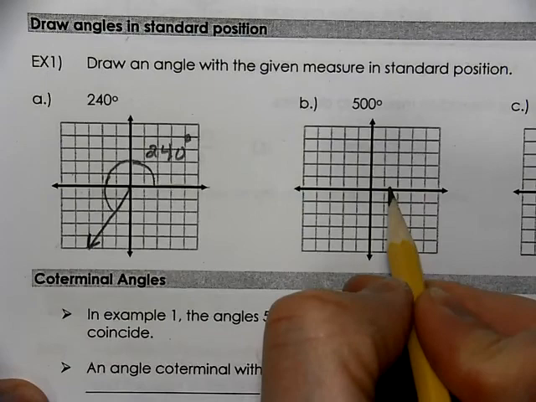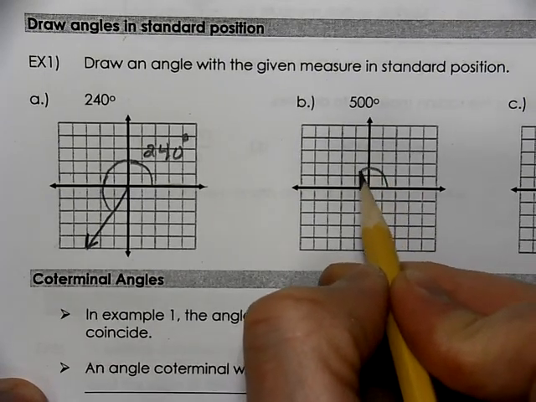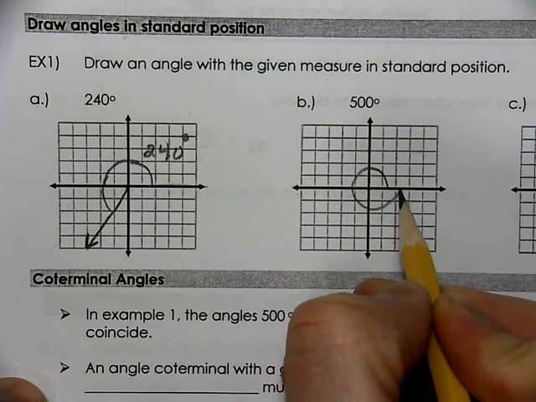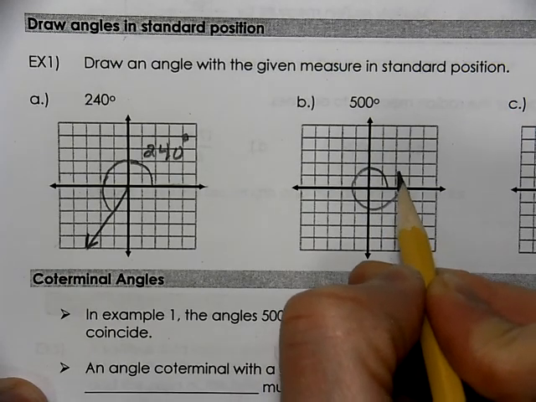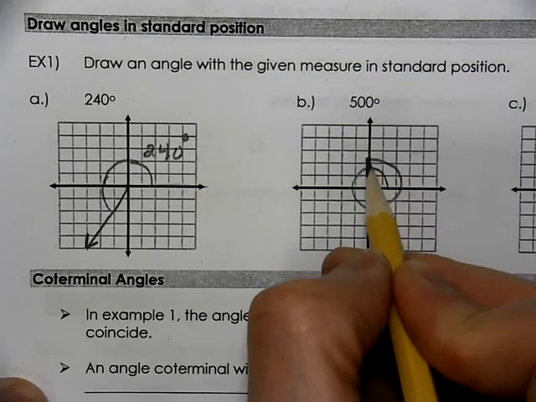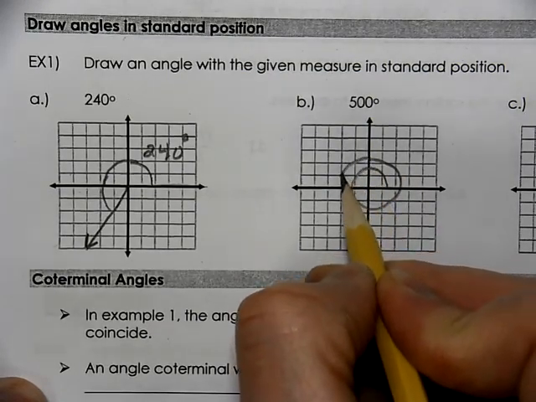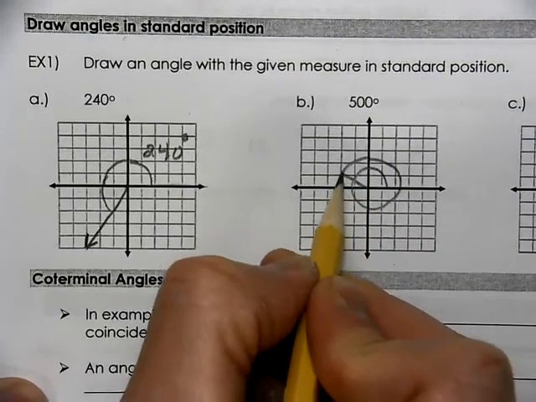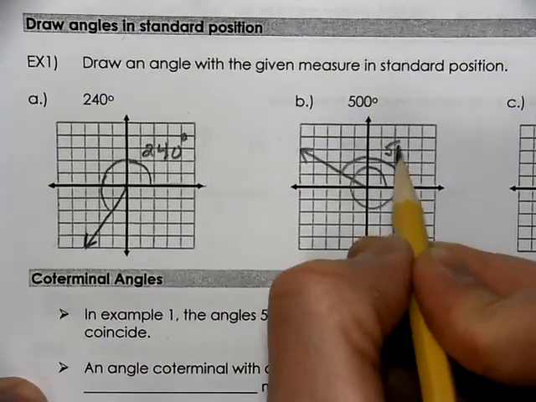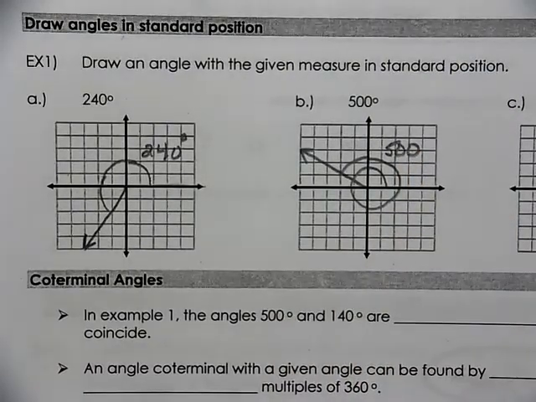500 degrees, you would start, come around to 180, around to 360, add 90 more of that to get to 450. At 450, you need to add 50 more degrees to that. So that would be 500 degrees.